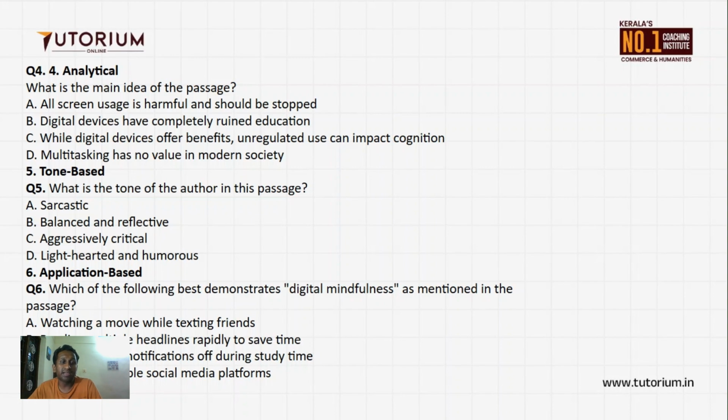Reading multiple headlines rapidly to save time, again, we cannot say that is digital mindfulness. That is not how you draw a line, or how you use devices in the right manner. Keeping phone notifications off during study time, that is an example of digital mindfulness. Joining all possible social media platforms is something that you can eliminate right away. So from A, B, and C, C is the best answer that's available.